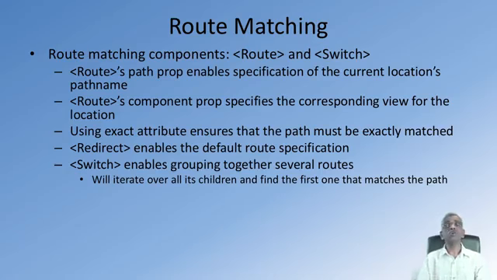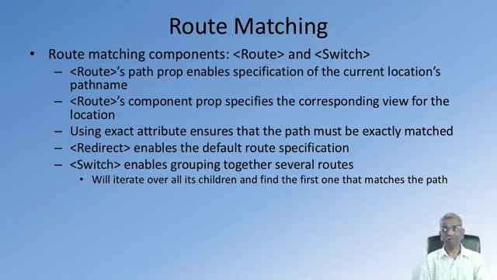Now, you can also apply the exact attribute to the route component, and this will ensure that the URL exactly matches when we navigate to that. You can also provide a default by using the redirect component. So the redirect will specify the default URL to which you will be redirected if any of the other paths do not match with any of the routes that you specify within your application.